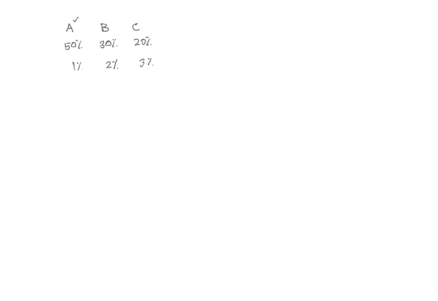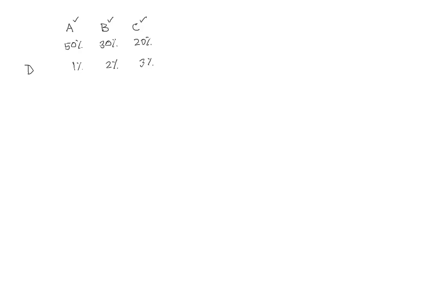A is the event that plant A makes the product, B is the event that plant B makes the product, C is the event that plant C makes the product, and D is the event that the product is defective.